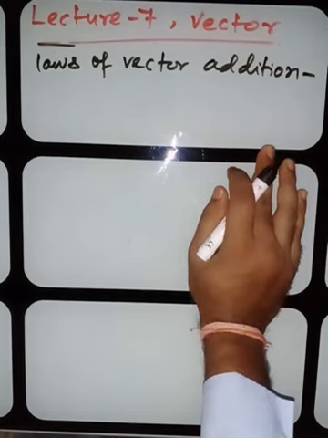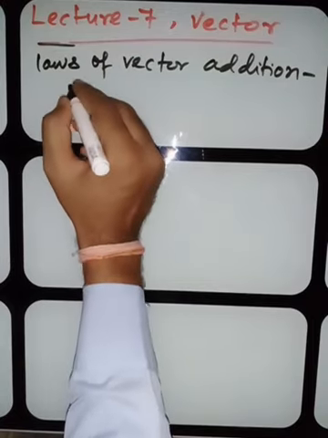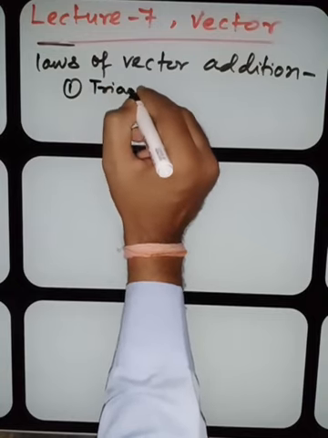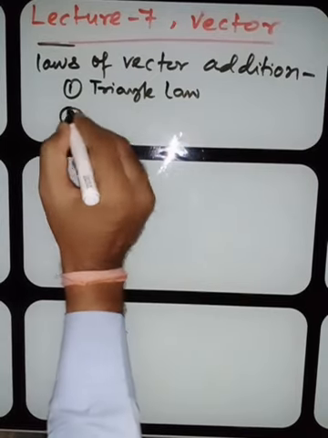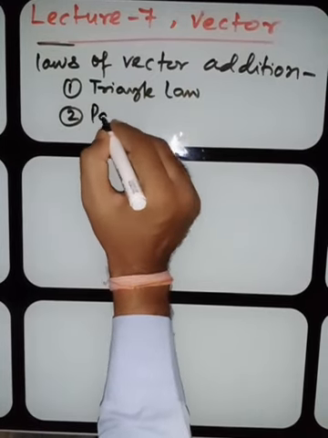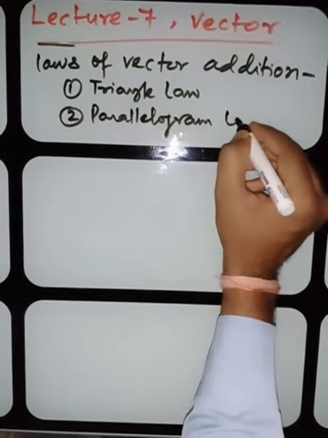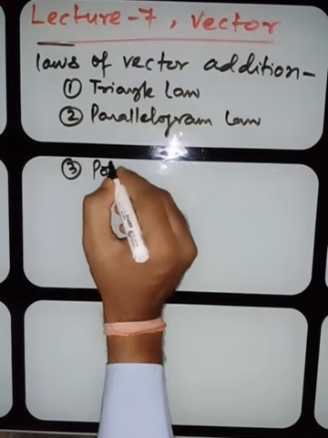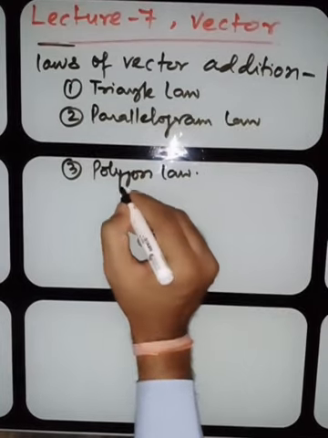Today we'll study the triangle law, and then we'll continue with the parallelogram and polygon laws. So we have three laws here: the triangle law of vector addition, the second one is the parallelogram law, and the third one is the polygon law of vector addition.